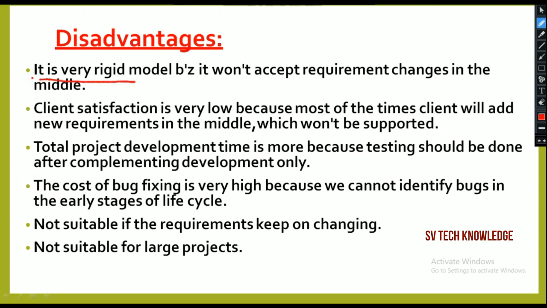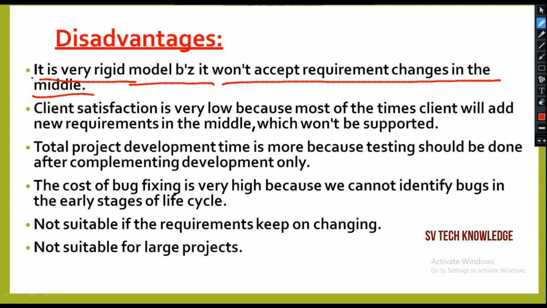It is a very rigid model because it won't accept requirement changes in the middle. As I said, you have to do every step one by one. After completing one step you go to the next step. You cannot change or overlap the phases. After going to the coding phase you cannot come back to the requirement phase, so you have to accept it.